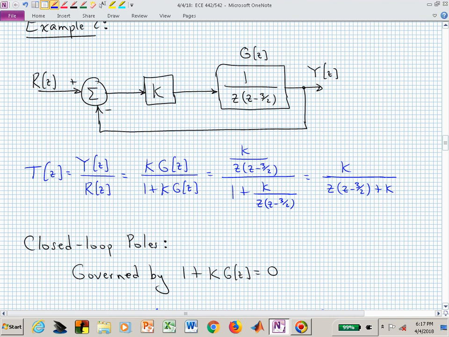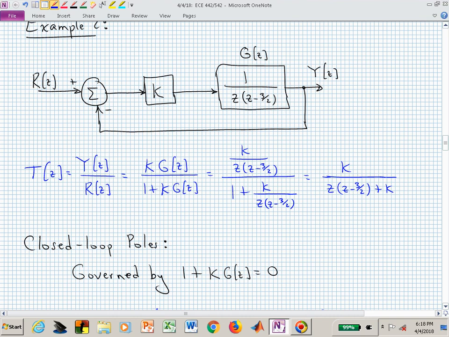Closed loop poles are governed by that denominator, 1 plus Kg of Z, when that's equal to 0. But if you look at what happens, it's really the numerator when you get that all over a common denominator. The 1 plus Kg of Z, the 1, you have to essentially put that in a rational form so that you get a common denominator, and now the numerator, when that's equal to 0, of 1 plus Kg of Z, that's what governs the poles of your closed loop transfer function.